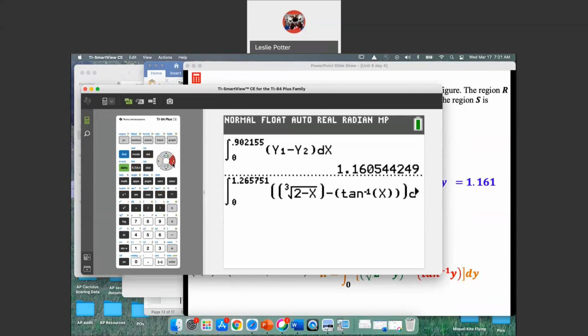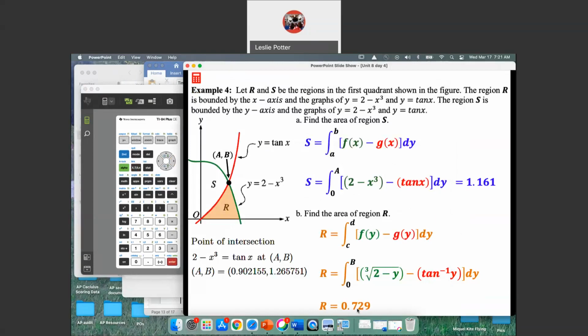And so each has its own set of brackets. And then the variable of integration on a calculator is x. And I get 0.729. And that would be the correct answer. And then any digits after it would be fine as long as they were correct. So that answer is 0.729 for that area.